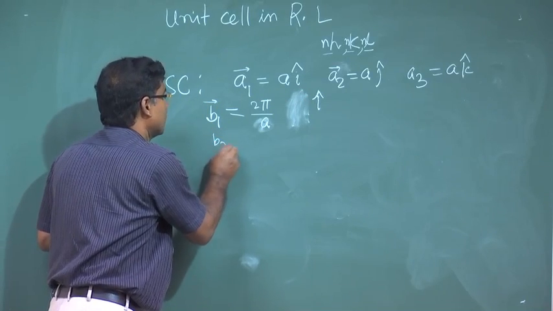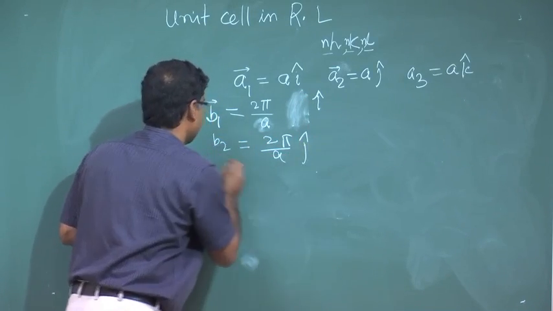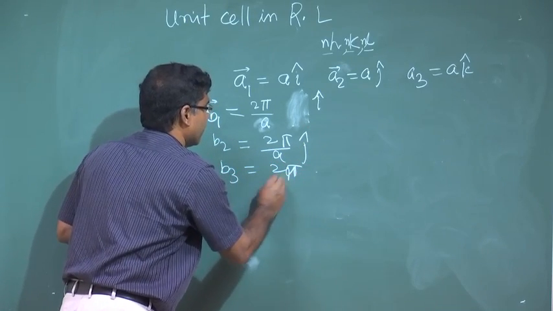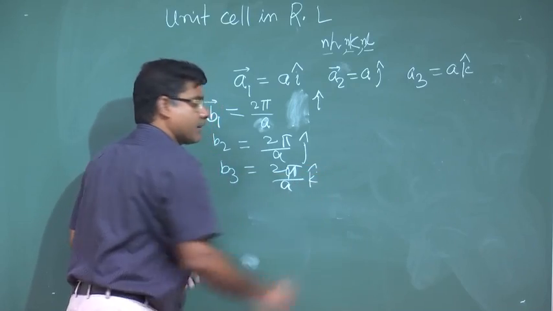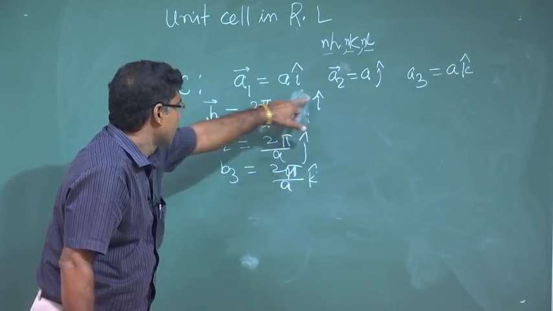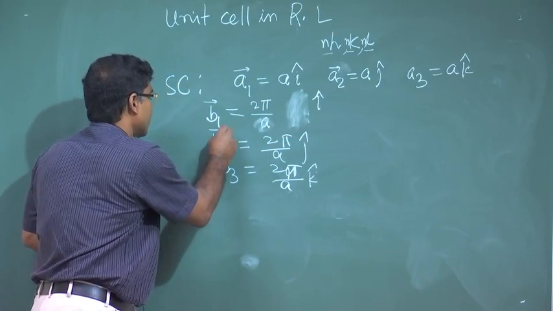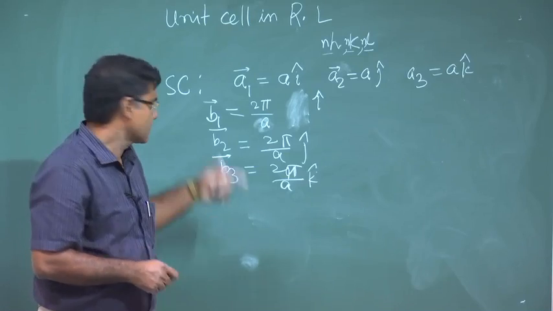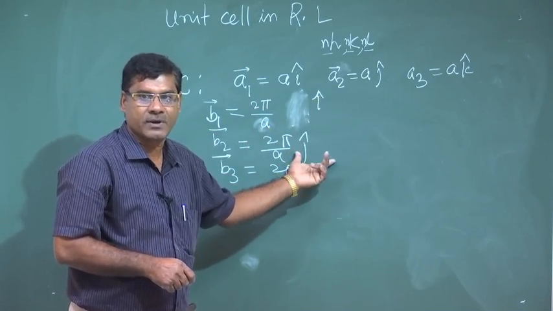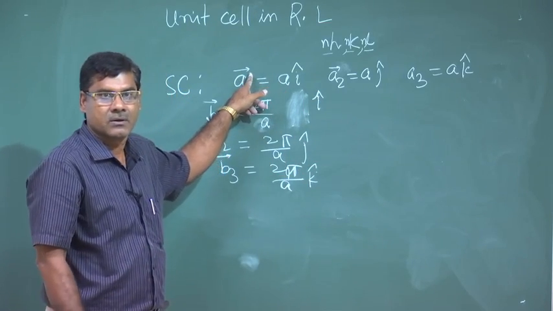Similarly, B2 will be 2 pi by a j, B3 will be 2 pi by a k, right. So, here I am getting B1, B2, B3 along the A1, A2, A3 directions, having the same form as here.